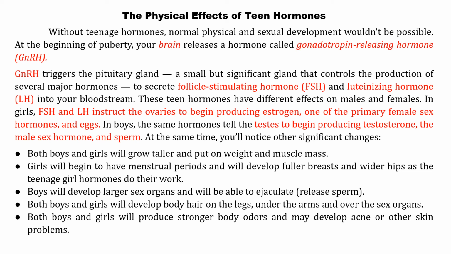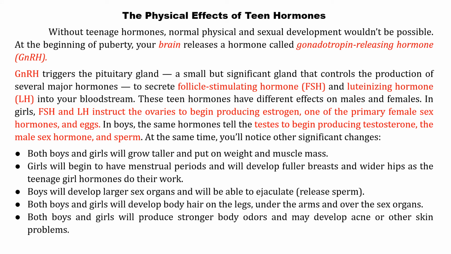At the same time, there are significant changes that happen to both boys and girls. For example, they grow taller and put on weight and muscle mass. Girls also begin their menstrual period. Boys develop larger sex organs and will be able to ejaculate.